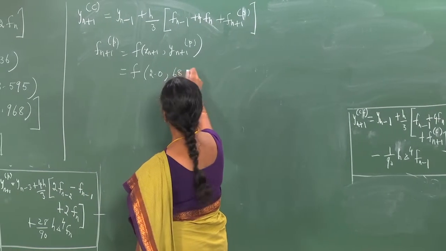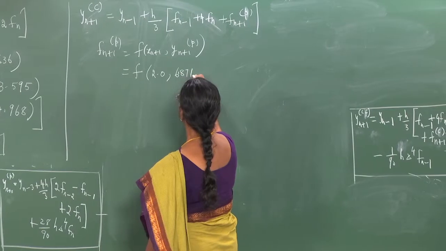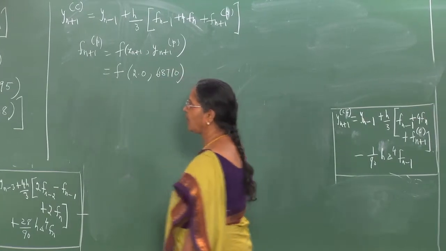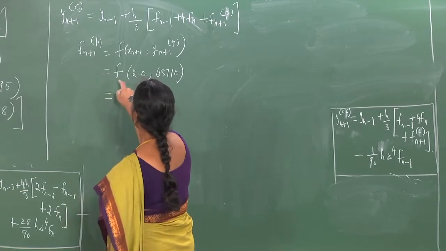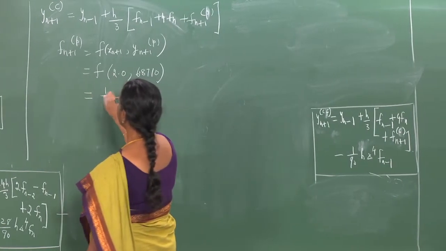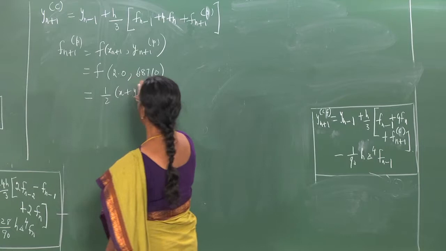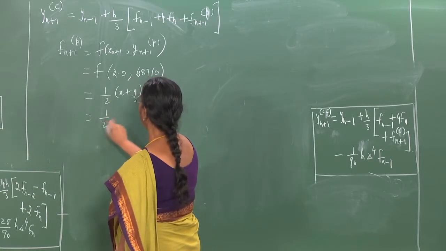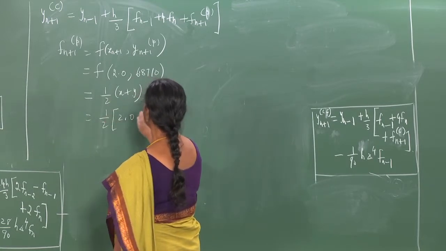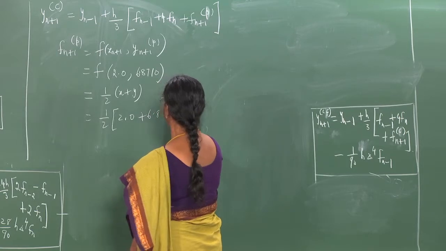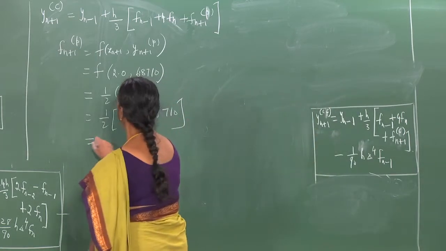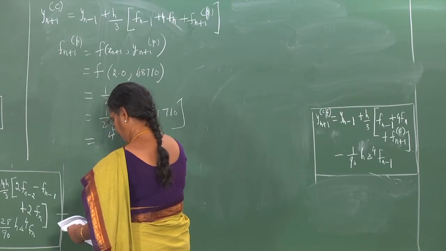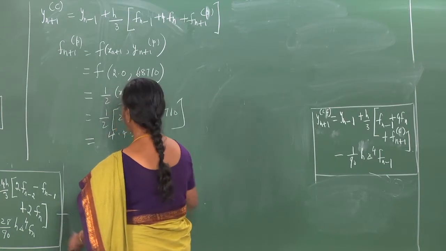We just now computed it, which is 6.8710. So, evaluate this. What is f of x comma y? It is half of x plus y. So, that is half of 2 plus 6.8710, and that is equal to 4.4355.